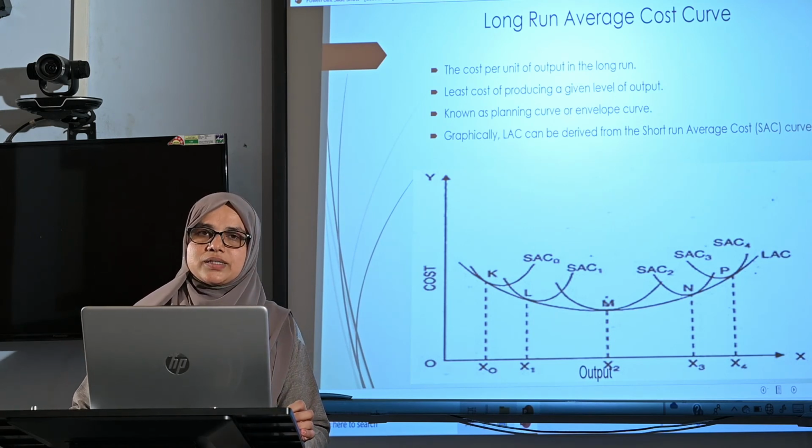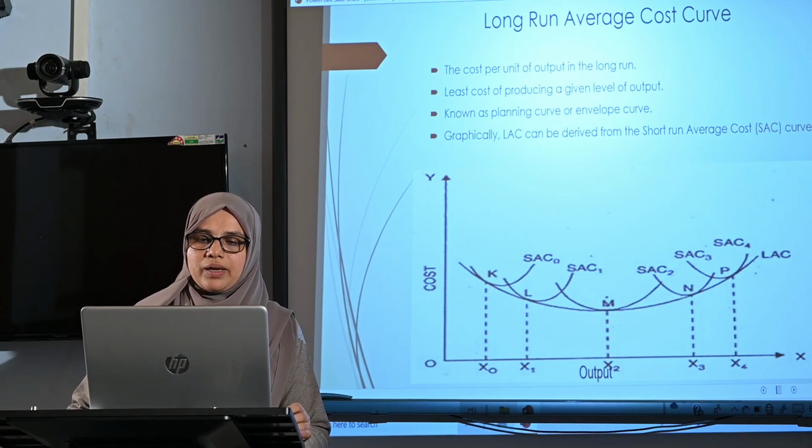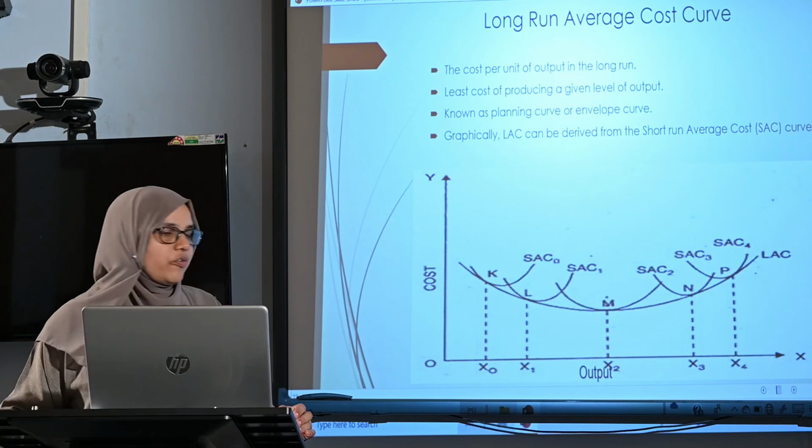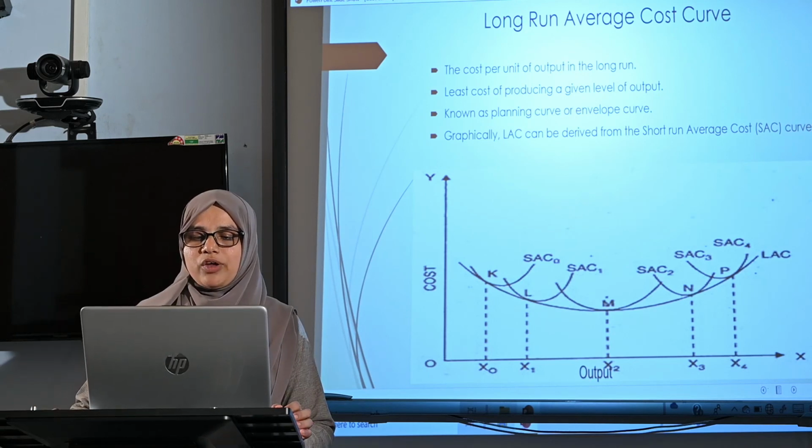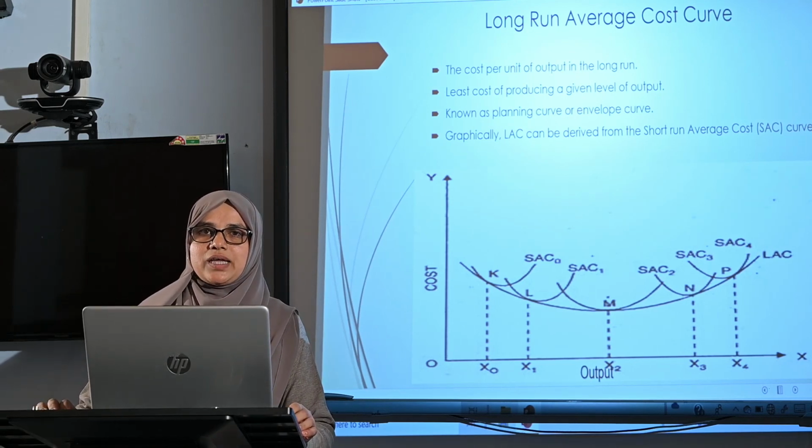And as a result of these internal as well as external economies, LAC is falling or it has a negative slope in the beginning, and when it reaches the optimum point, that is at X2 level of output, LAC is minimum. Beyond the optimum point, diseconomies of scale operate.